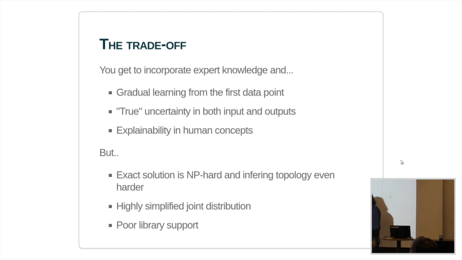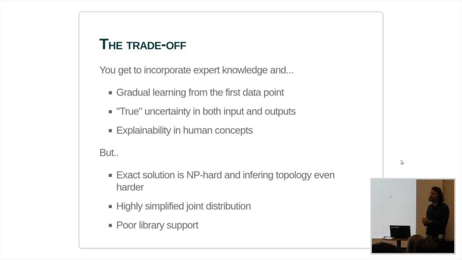But the exact solution to this is NP hard and very, very expensive. So you do approximate solutions. And inferring the topology, if you don't have an expert, but you have some data, you have a few thousand data points, and you want to guess the causal topology, that's even harder.